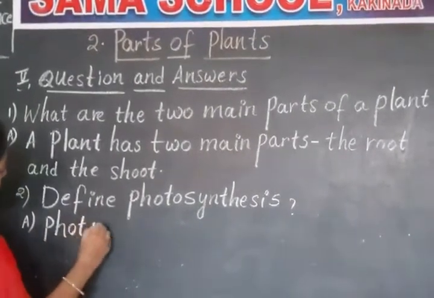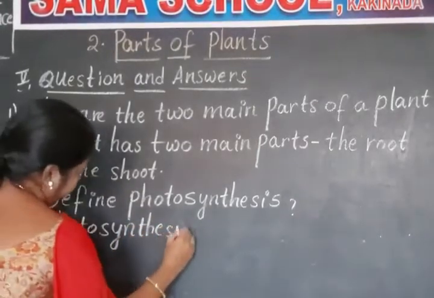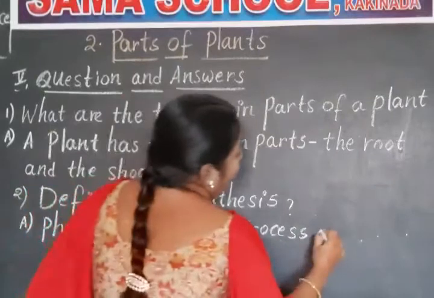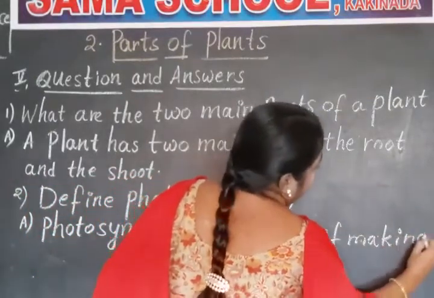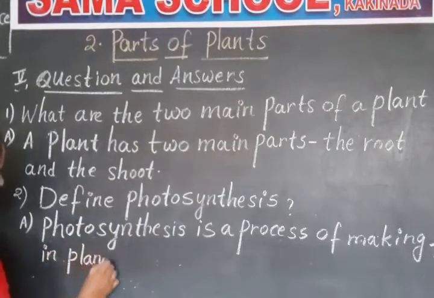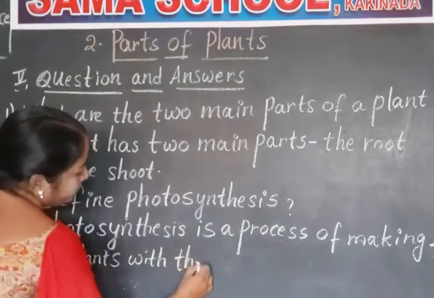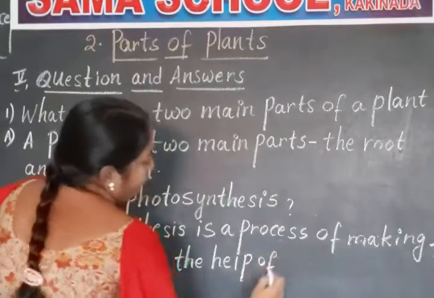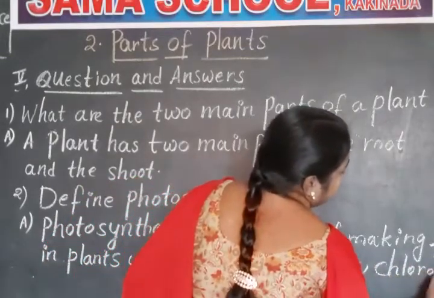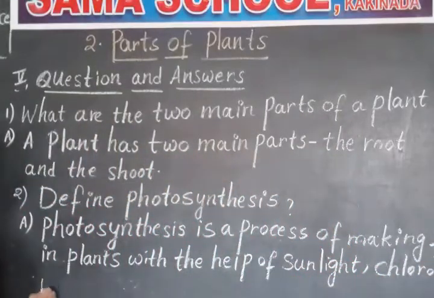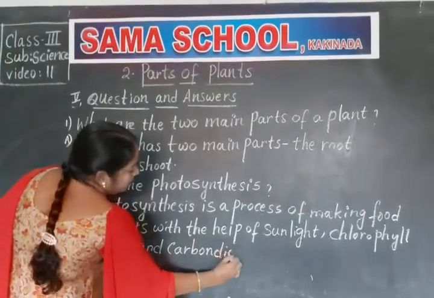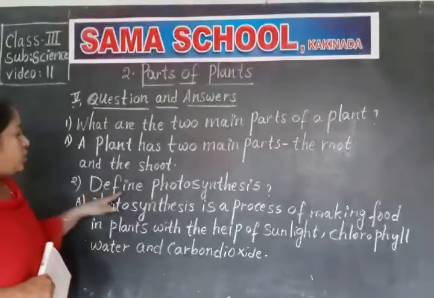So photosynthesis is a process of making food in plants with the help of sunlight, chlorophyll, water and carbon dioxide. Clear children?